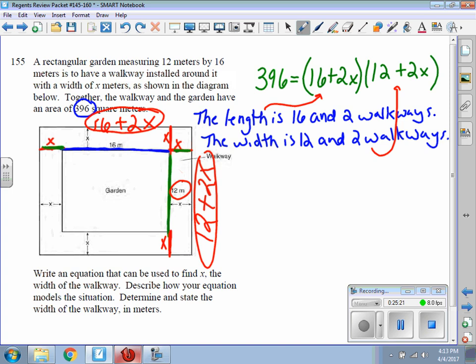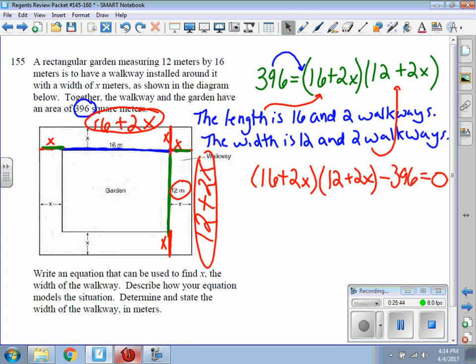So let's rewrite it without the 396 on the left side. Remember, it would jump over to the other side and turn into a negative. So our equation that we're going to graph is 16 plus 2x, times 12 plus 2x, minus 396 equals 0. I'll go over to the calculator and do that.